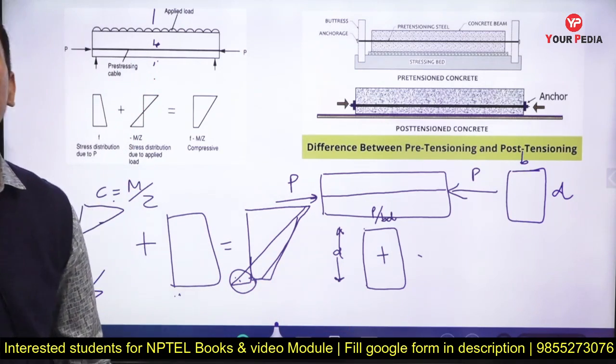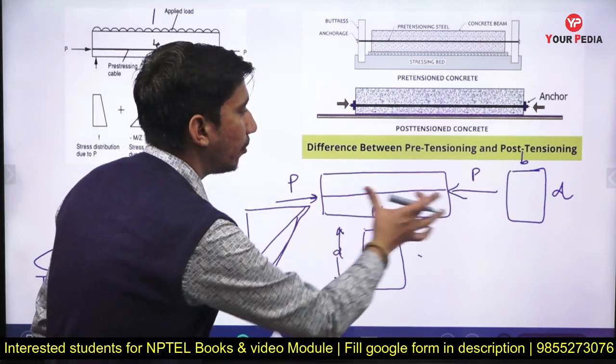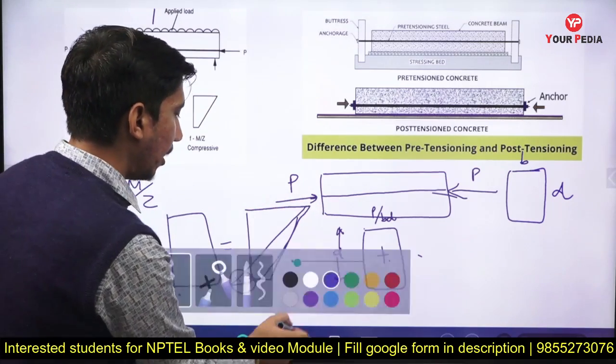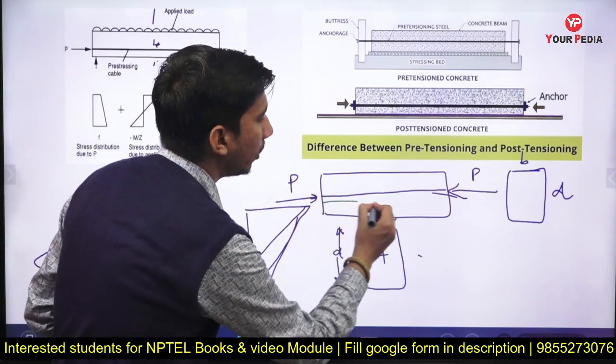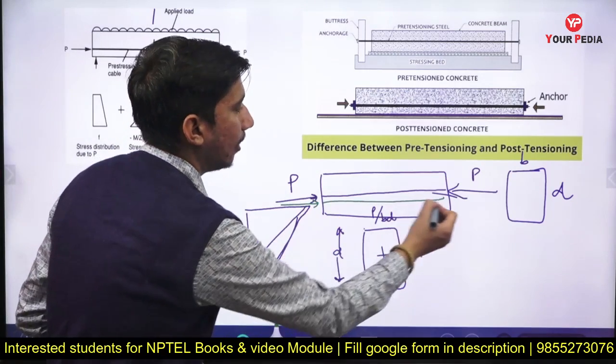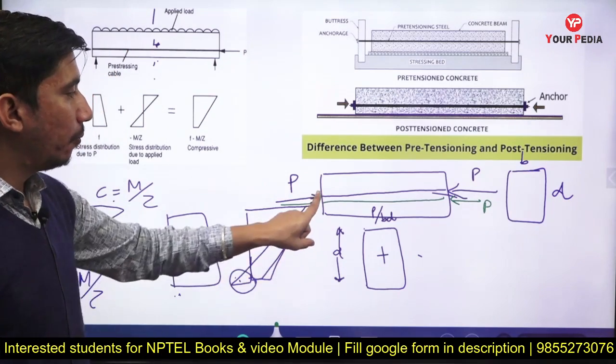There is another way we can improve the efficiency. Rather than providing our tendon and pre-stressing it at the neutral axis, we can provide our tendon below the neutral axis and then pre-stress it by P force. Okay, what will happen now?